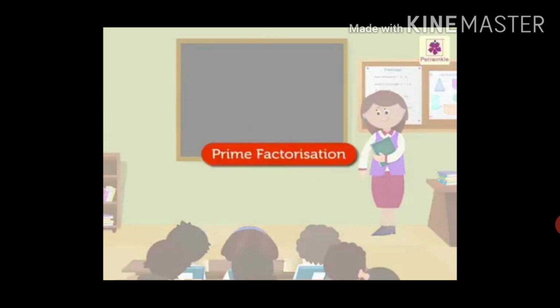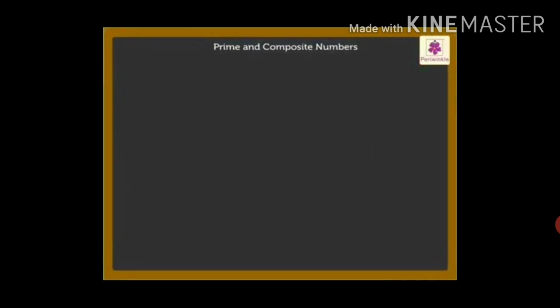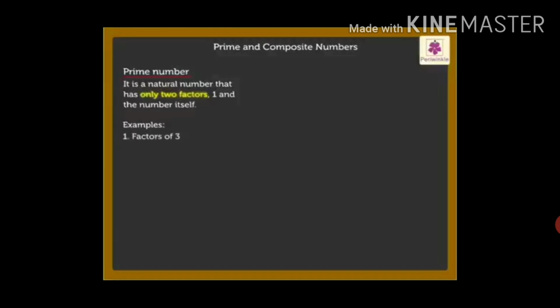Today, let us revise prime factorization. Before that, let us review prime and composite numbers. A prime number is a natural number that has only two factors, 1 and the number itself. Look at these examples. The factors of 3 are 1 and 3.